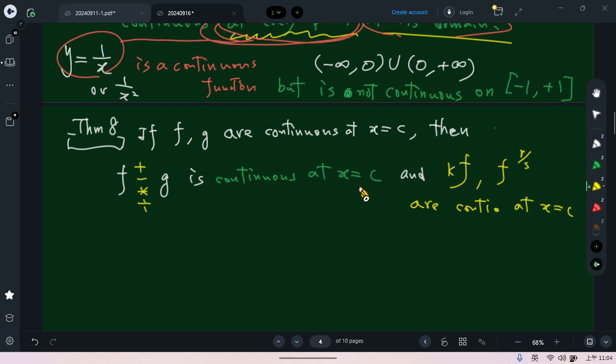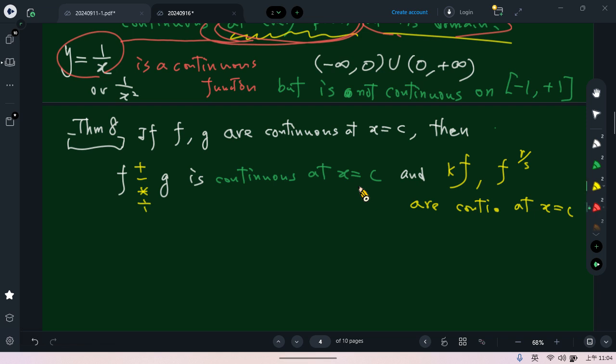So this theorem is very simple. Through four operations, like addition, subtraction, multiplication, division, if the original two functions are continuous at some certain point, then even through these four operations, the new result is still continuous at this point, x equal to c.